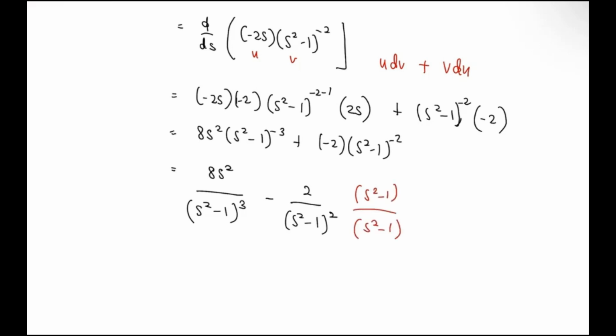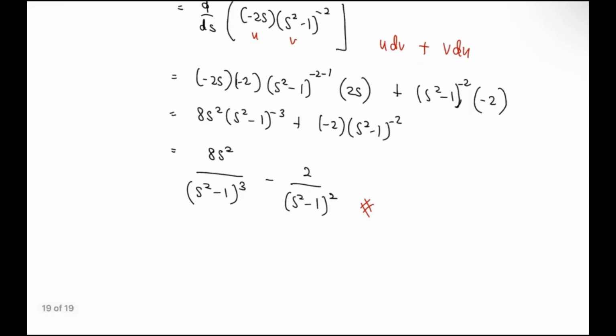And then you make the denominator equal, and then you expand. But I think no need to expand until that form. I think this one is okay. So I think up to this answer is okay. No need to expand to make your work more difficult.